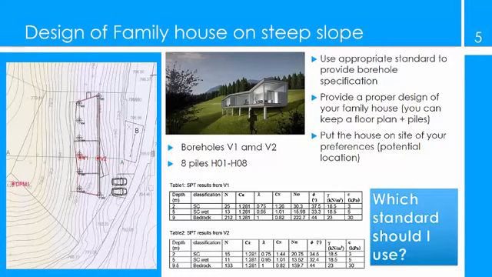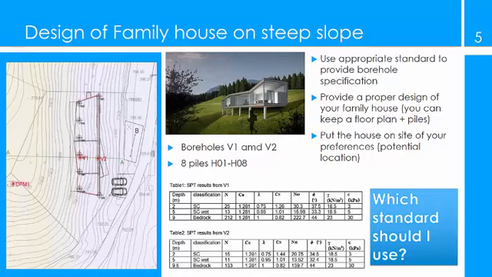So if you haven't yet, please go back and read the assignment first. The family house is designed on a steep slope. Now you can already see that it is designed on 8 piles.